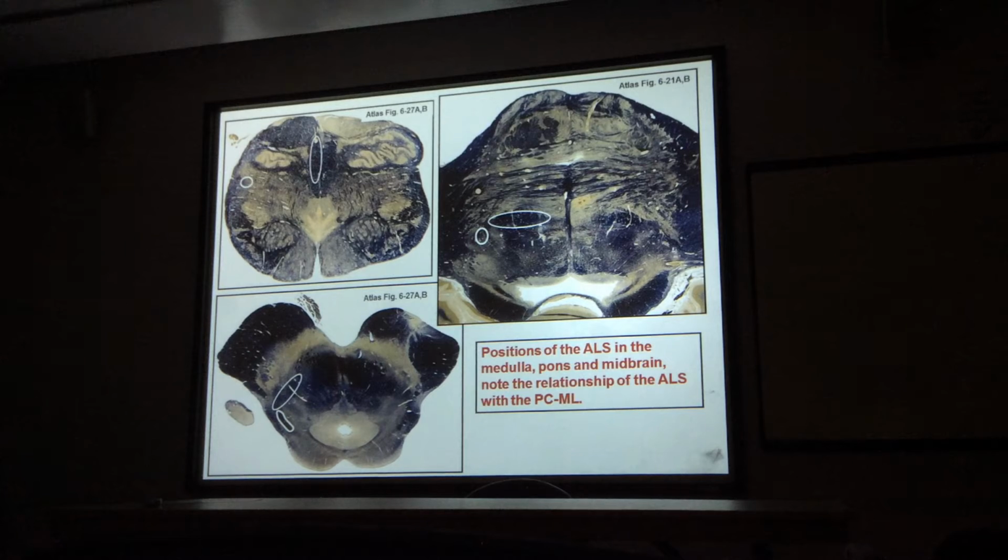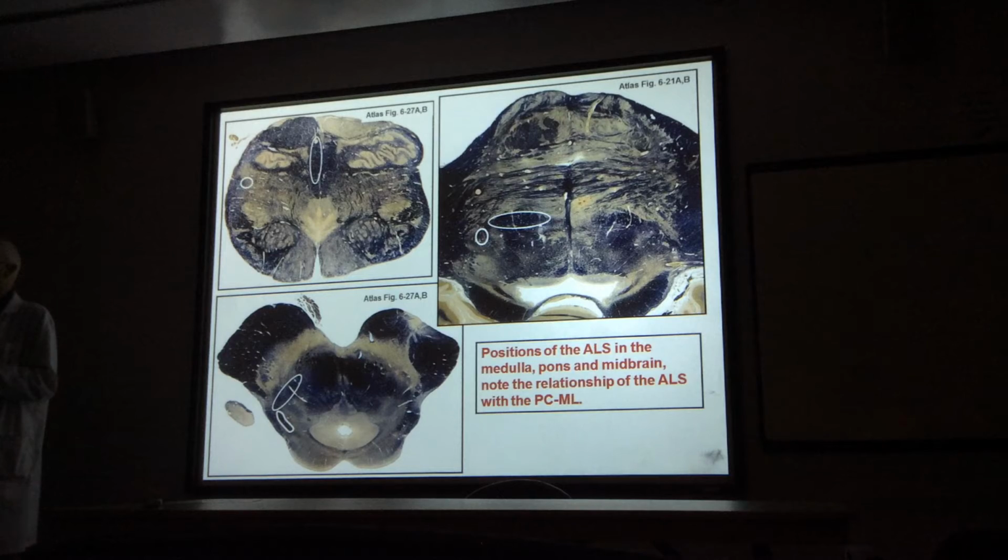Now, this illustrates at medulla, pons, and midbrain levels the location of the posterior column medial lemniscus in relation to the anterolateral system. In the caudal part of the brainstem, the ALS is about right here. It doesn't have a nice little round thing around it or something. We just know it's in that area.